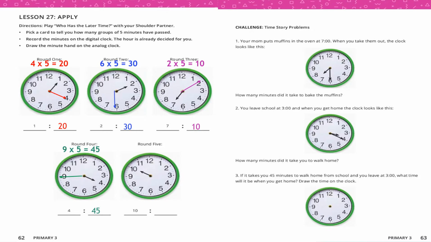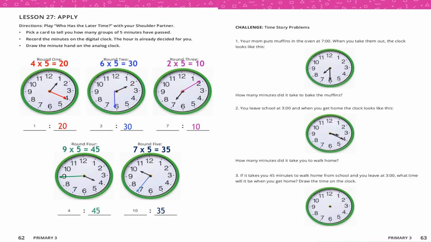So we wrote 10 in the hours place, and we have the long hand for 7. So the long hand reads 7 times 5, 35. So it's 10:35.